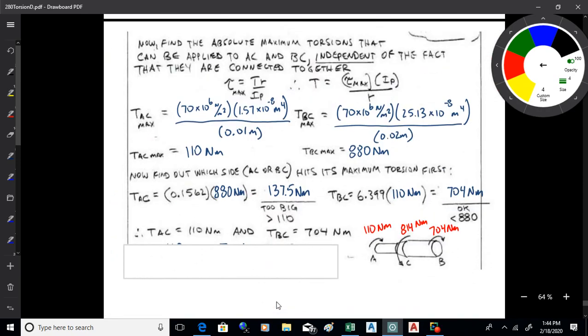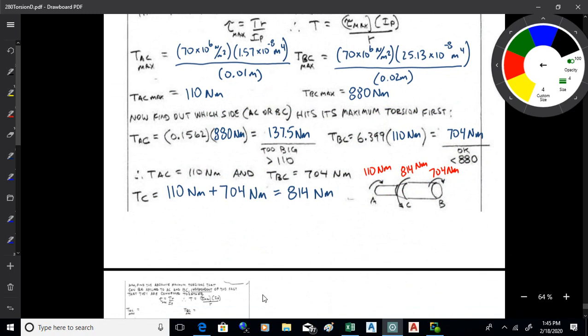All right, so I got 110 from A to C and 704 from B to C. So that means the torsion applied at C is the sum of the two. It's 814 because I know whatever's in the middle will equal the sum of the two reactions. So I can apply a torsion at C of 814.